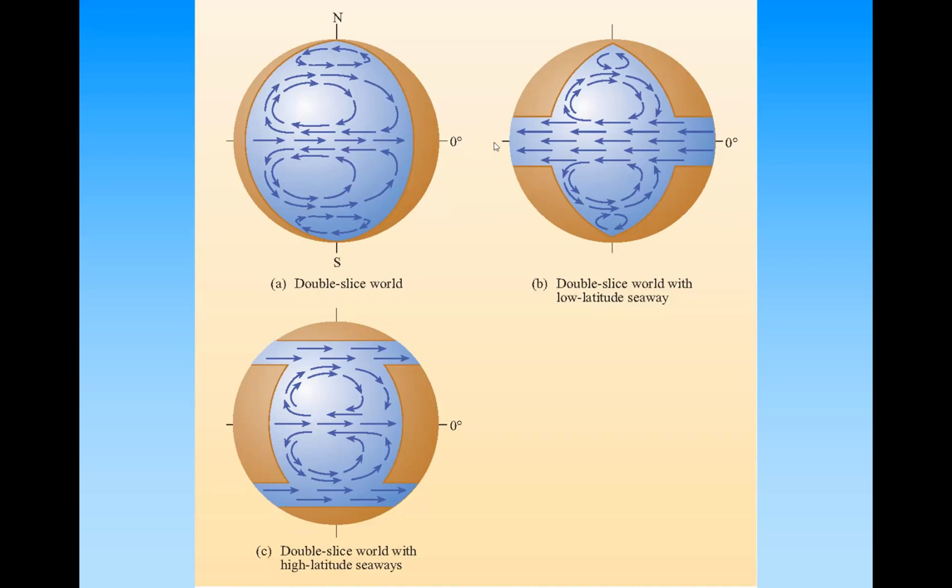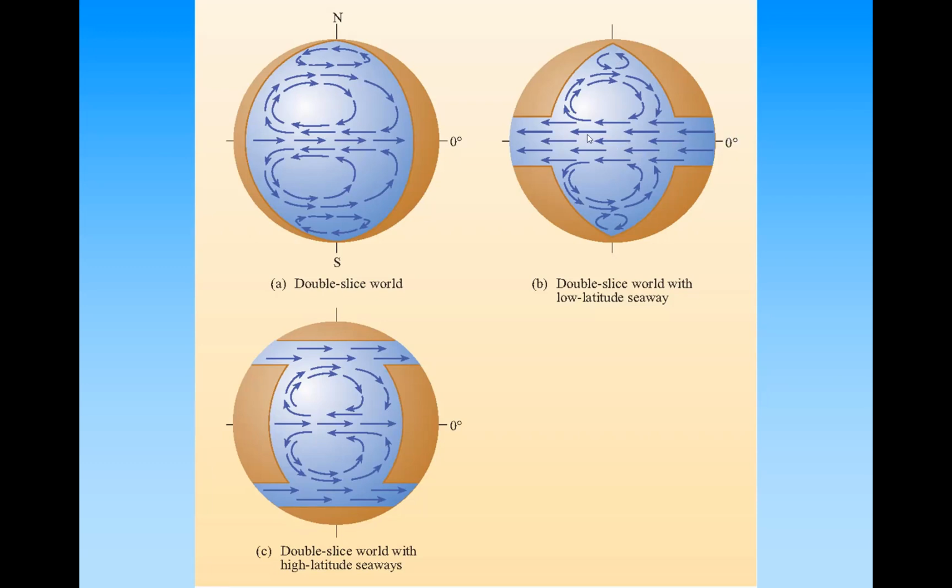And so if you have an equatorial seaway, in other words, an open ocean connection all around the planet at the equator, that means that heat is transferred less efficiently from the low latitudes towards the high latitudes.